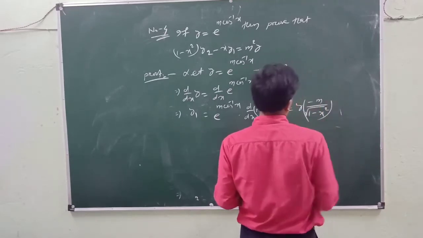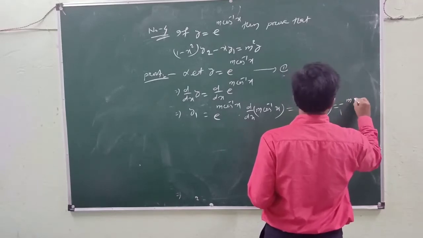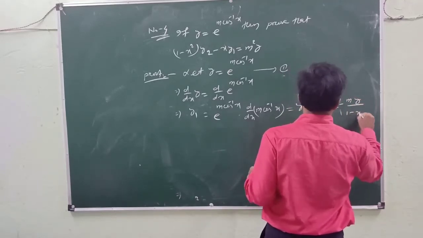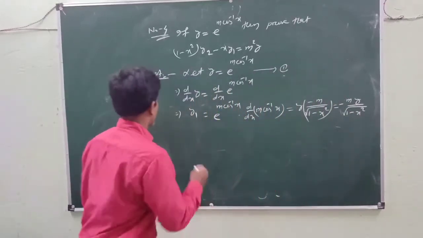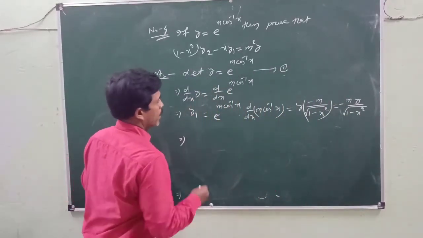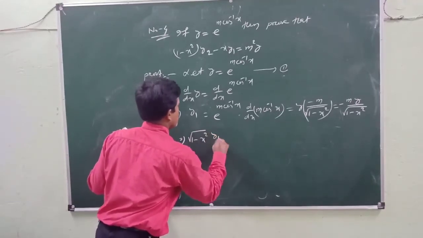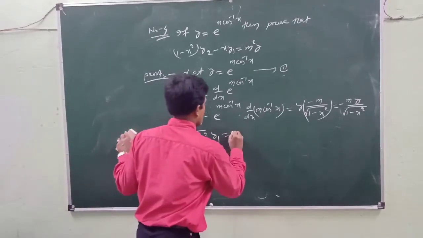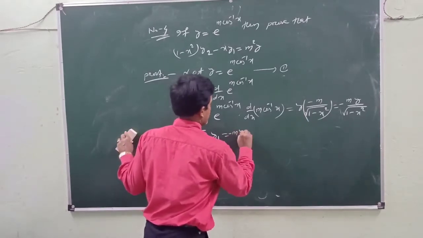When multiplied, it is also written as minus m y by square root of 1 minus x square. By cross multiplication, that gives you square root of 1 minus x square into y1 equal to minus m y.